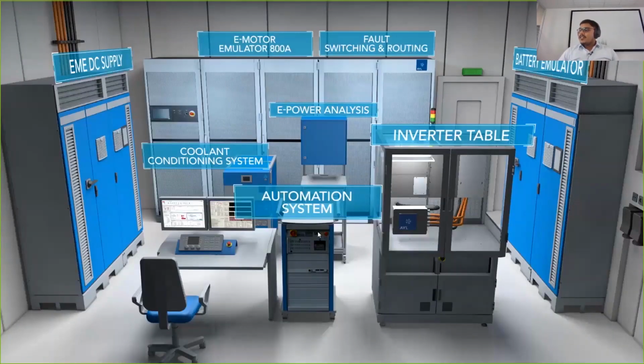Users can look into that for further details. This test system or testbed also facilitates automation. One can automate test sequences, long duration tests or various test scenarios entirely with the help of PUMA inverter, which is also a solution provided by AVL, or the customer can also use his own automation system, which is easily integrated with our control flow.